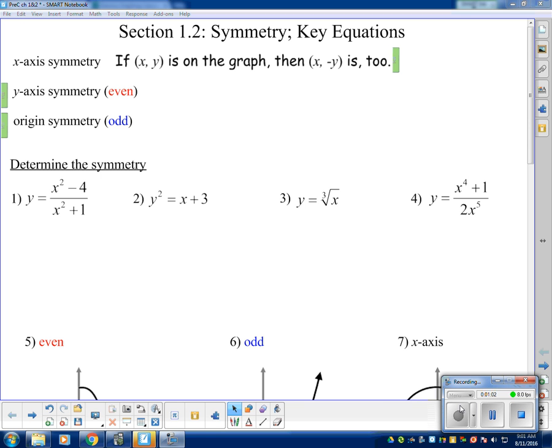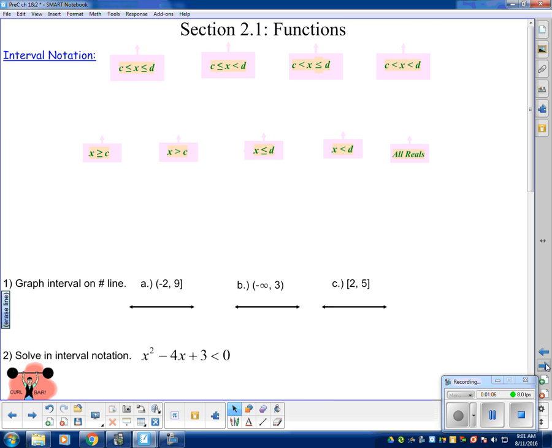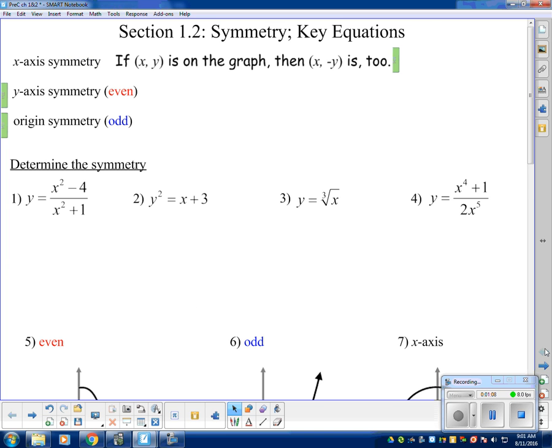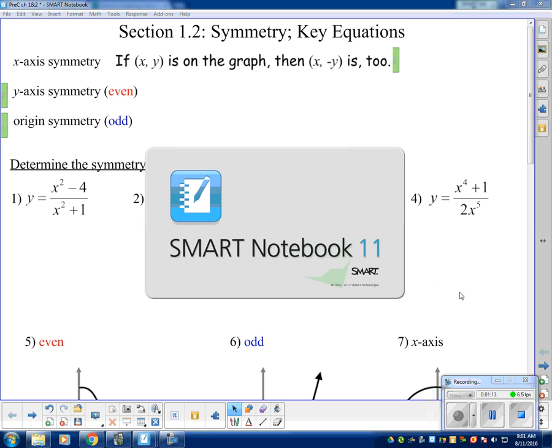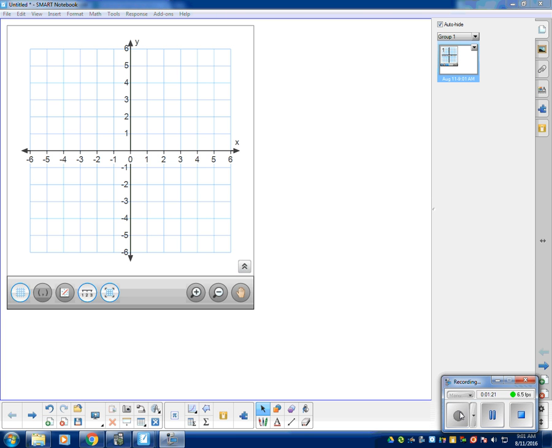So let's just pull up a graphing grid. I'll show you what I mean. I'm going to do a separate one here. All right, so an example would be, let's pick a point (x, y), say (3, 2).